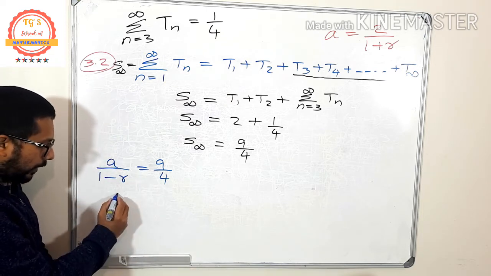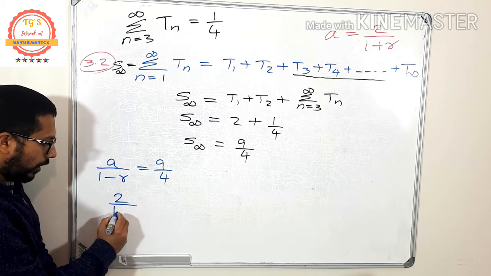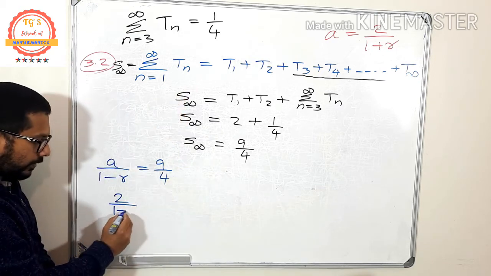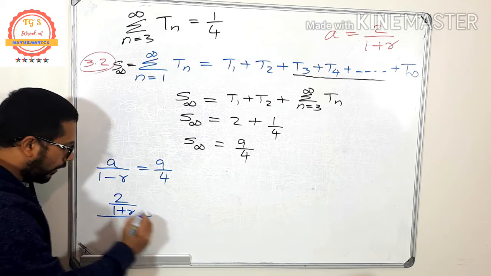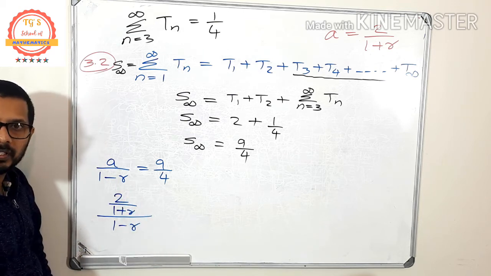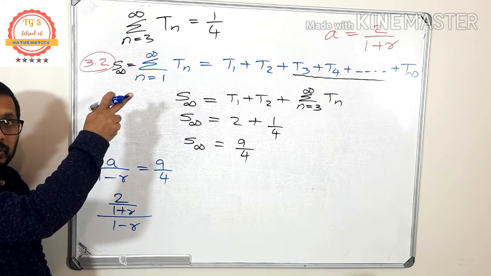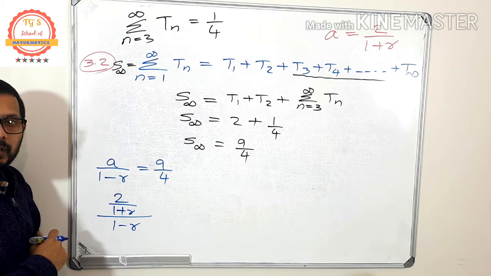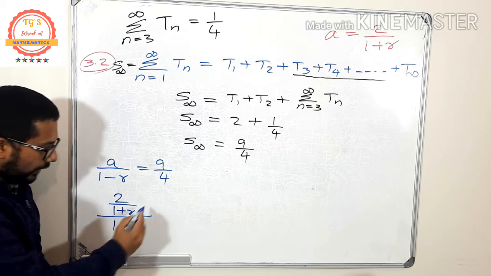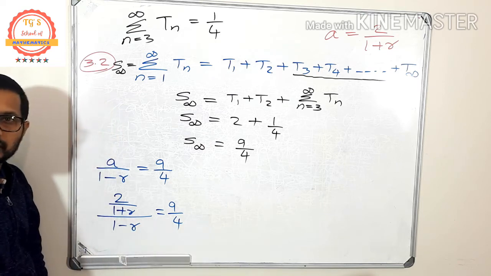Instead of this A, I am going to substitute 2 divided by 1 plus r, divided by this 1 minus r. Do you understand? From the previous question we already got A as 2 divided by 1 plus r. So it is equal to 9 over 4.